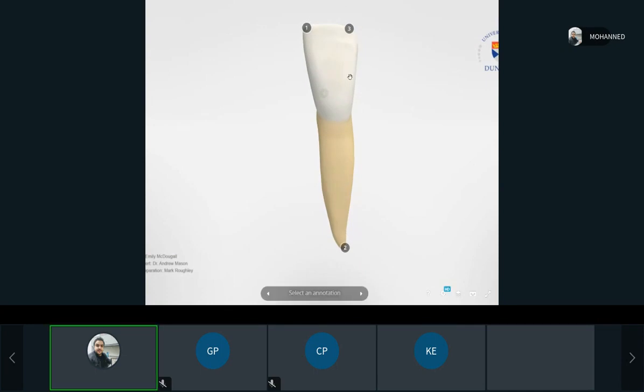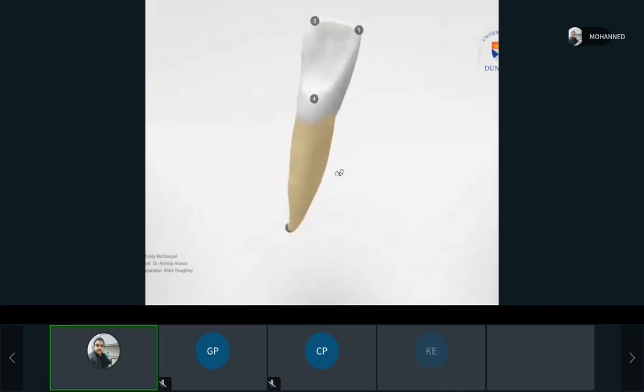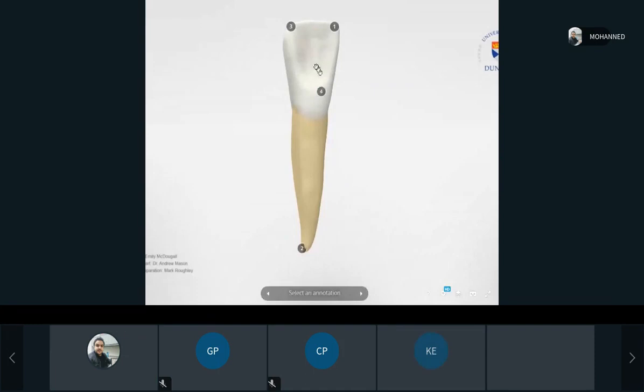It's bigger, right? We said the central is the smallest of the teeth. So it's not like the maxillary, where the lateral was smaller. On the mandible, the lateral is bigger, okay? Generally wider and larger, and the lingual fossa would be more prominent. You can see it a little bit better than on the central one.